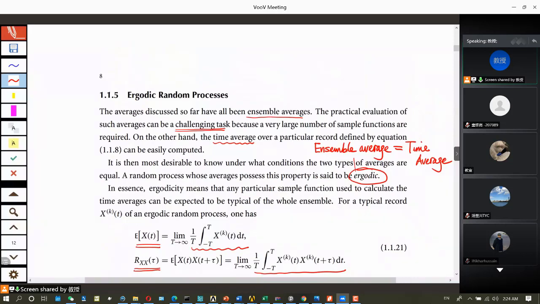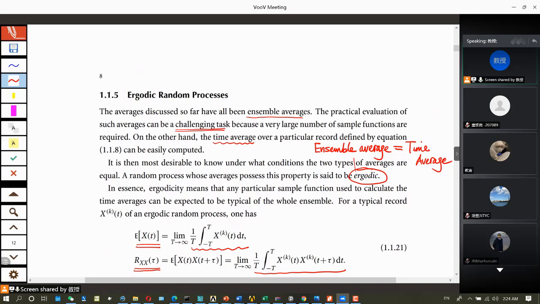Now without looking at the next paragraph, I want you to visualize when a random process is ergodic. What kind of process would have ergodicity? What process would be an ergodic process?